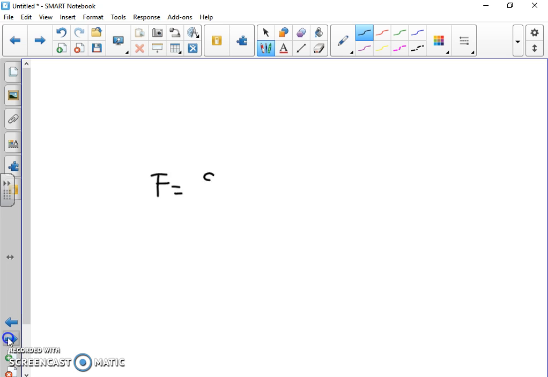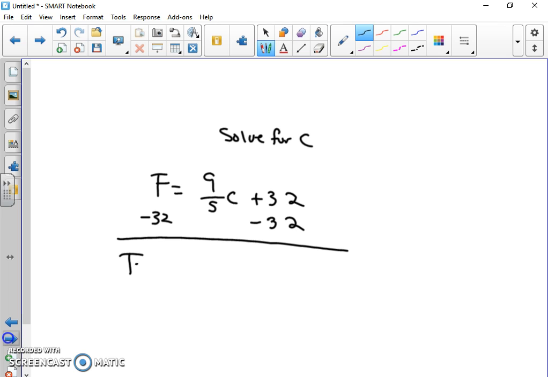F equals 9 over 5c, or 9/5 c, plus 32, and we want to solve for c. So c's right here. That means we need to get rid of this 32. So let's subtract that. So then we have f minus 32 equals 9/5 c.